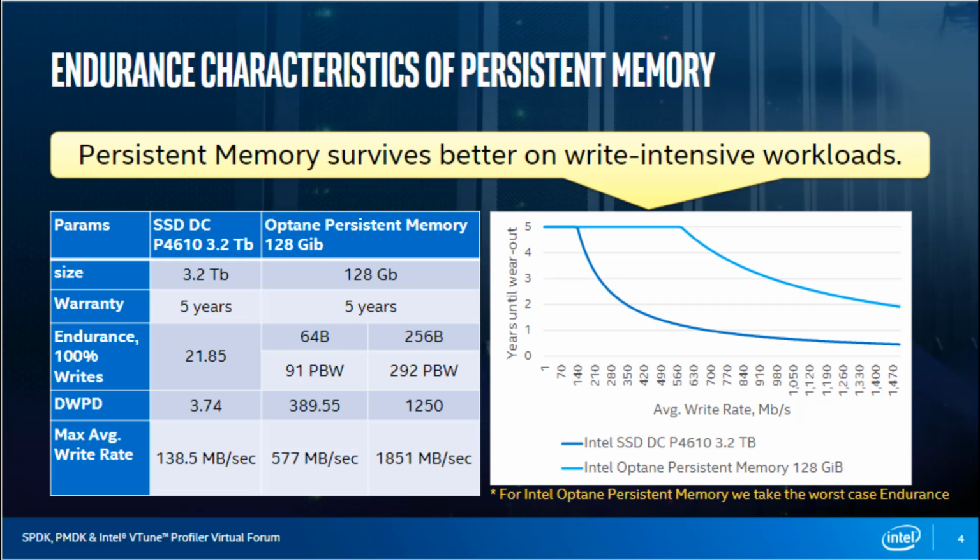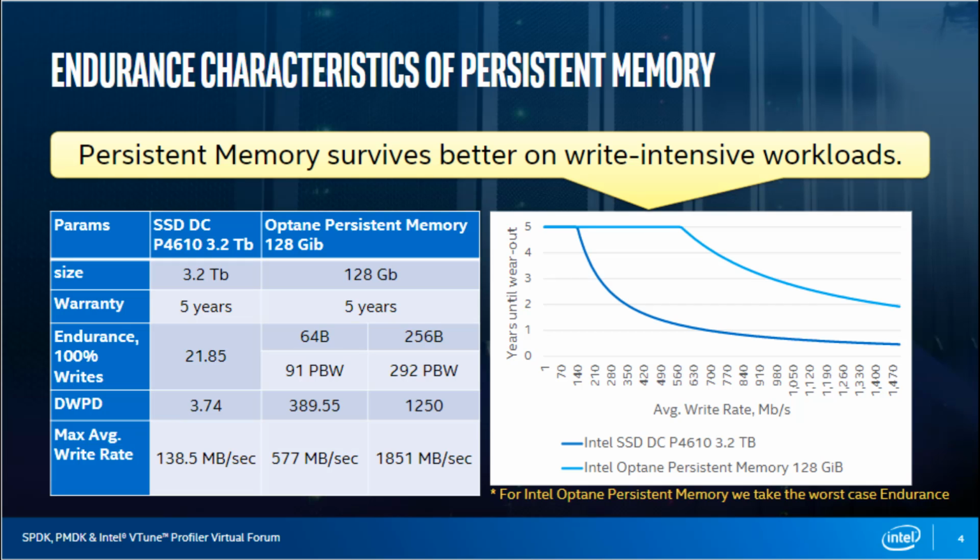The model is P4610, and the capacity is 3.2 terabytes. But I just did it as a quick exercise, and as homework, you can choose another model, find the spec on the Intel website, and do a comparison by yourself for the model you are interested in. I just did this comparison for illustration.